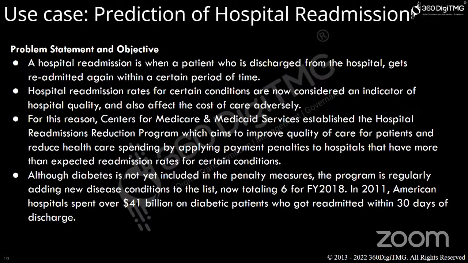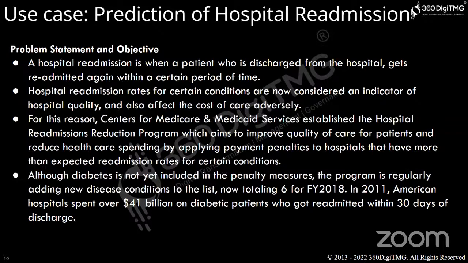For this reason, the Centers for Medicare and Medicaid Services, CMS, have established the Hospital Readmissions Reduction Program, which aims to improve the quality of care given to patients and to reduce healthcare spending by applying payment penalties to hospitals that have more than the expected readmission rate, for certain conditions, not for all cases.